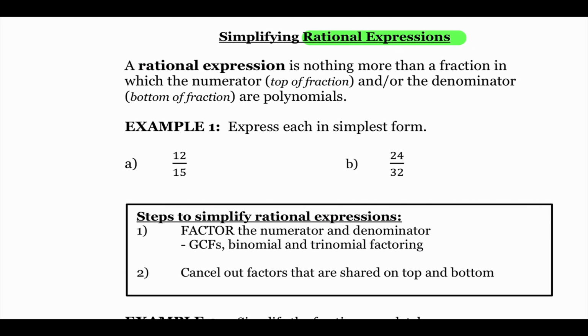You're doing algebra, okay? So like the first problem, example number 1, A and B, those don't have any letters. Those are just numbers, right? So that's not algebra. So that's all it means. Fractions that have letters. Algebraic fractions, okay? So we're just going to be simplifying them today.